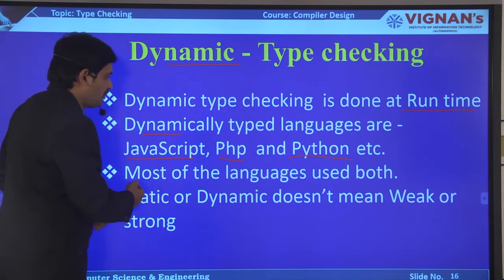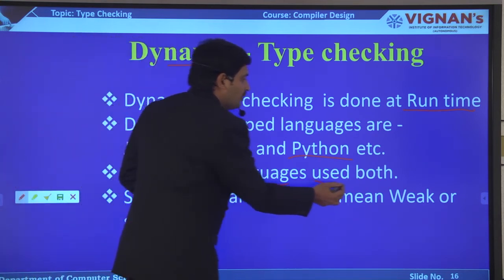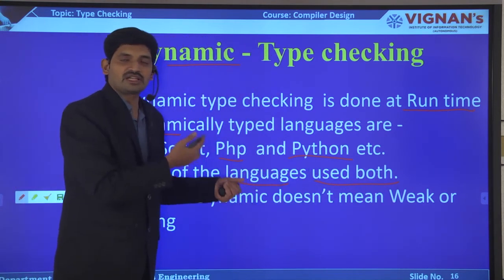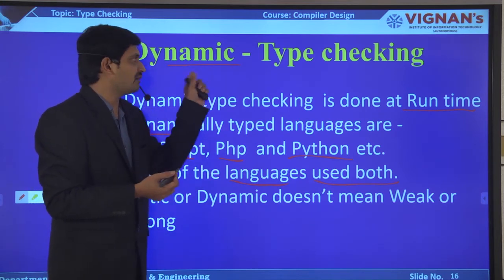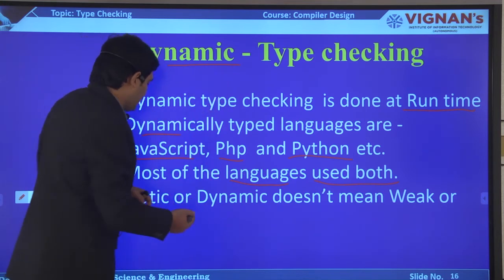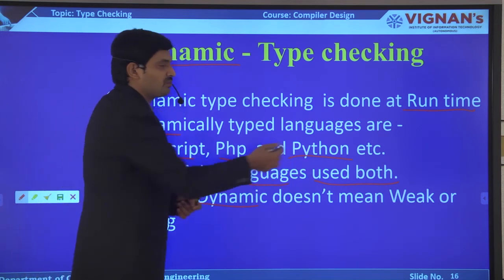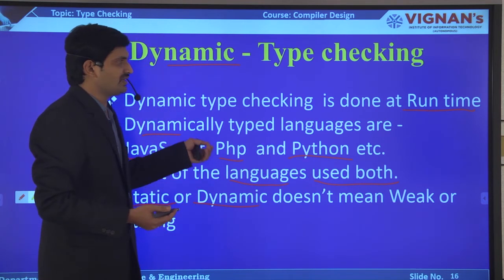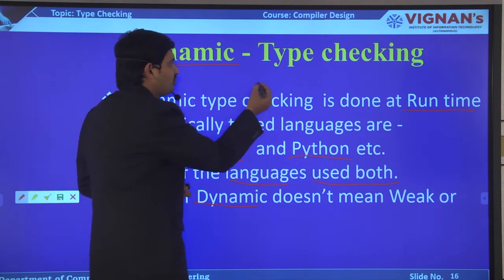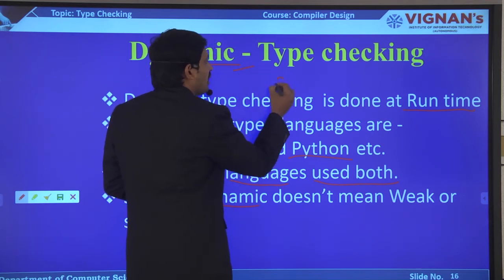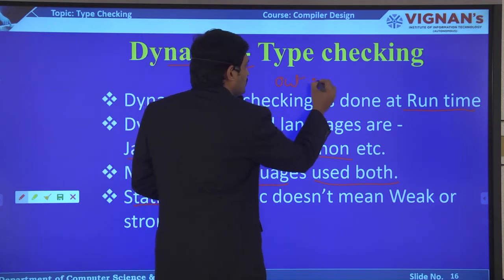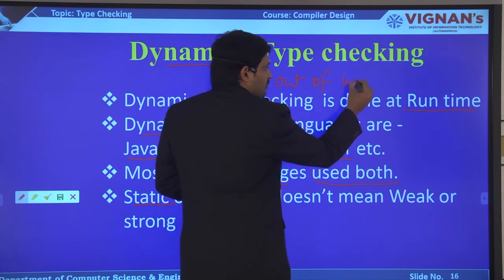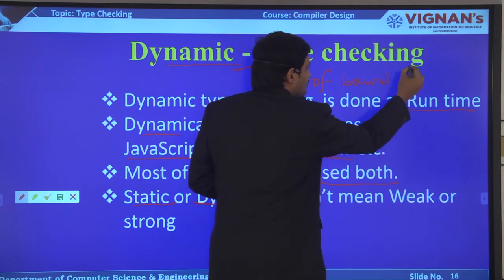Most languages use both static type checking and dynamic type checking. And static or dynamic does not mean weak or strong. So what is an example? The very well known example for dynamic checking is out of bound array indexing.